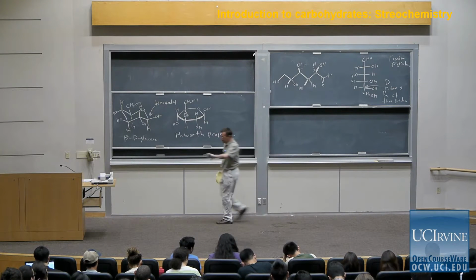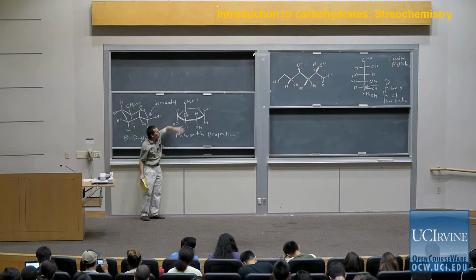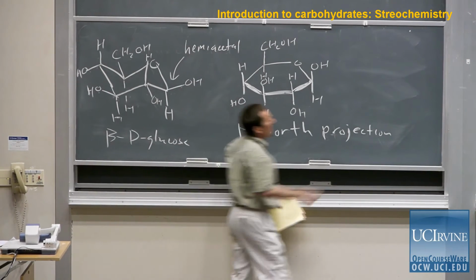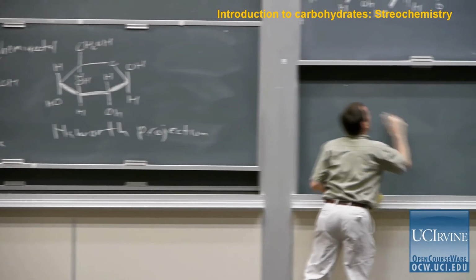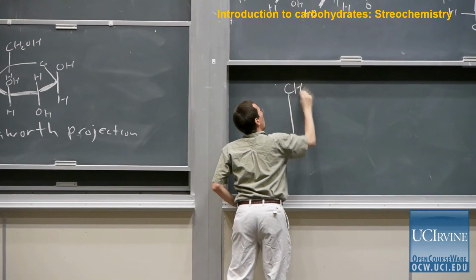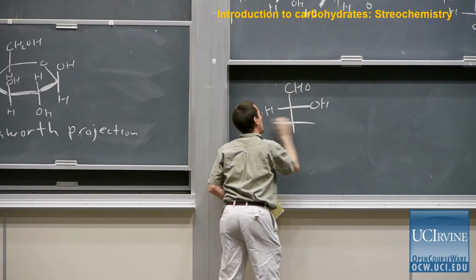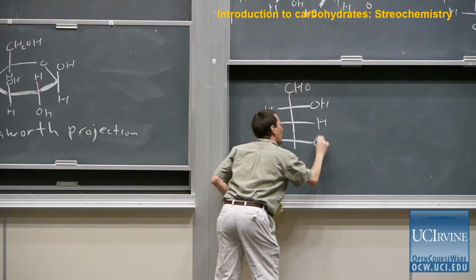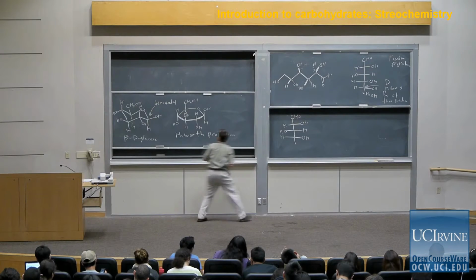All right. Here's our Haworth projection again. I want to show you what I see when I go ahead and do this. I'll draw this on the blackboard here. So we look and we say OH, H, OH, H, OH, H. Now we come down to this position.